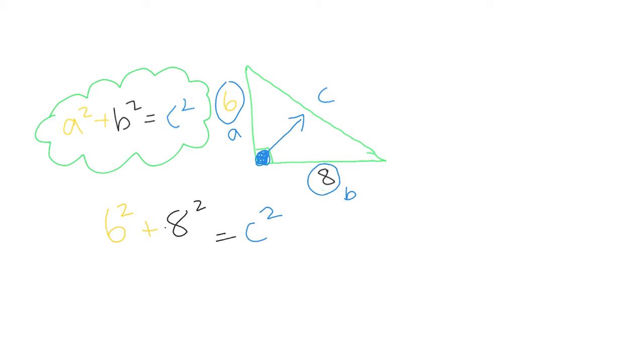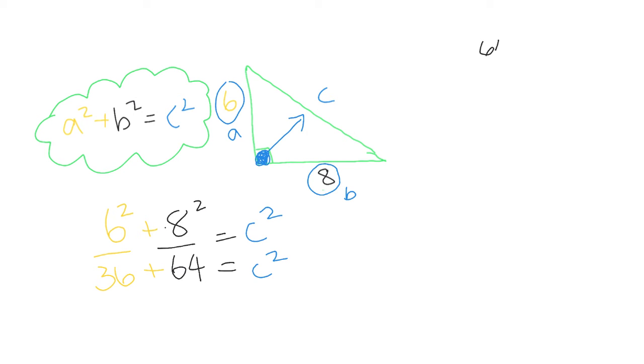Okay, so let's solve it. 6 squared is equal to 36 plus 8 squared, which is equal to 64, equals C squared. And now we need to add 36 plus 64.